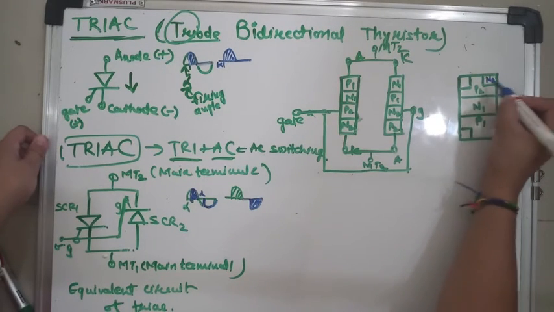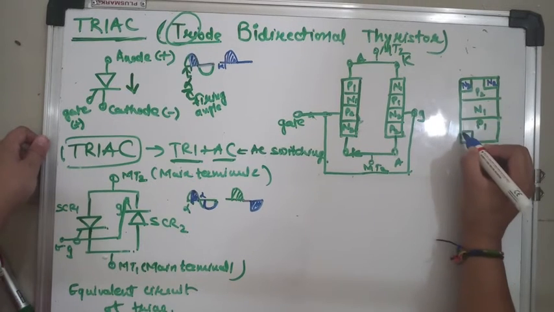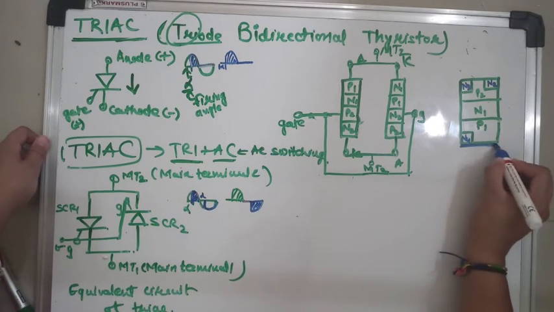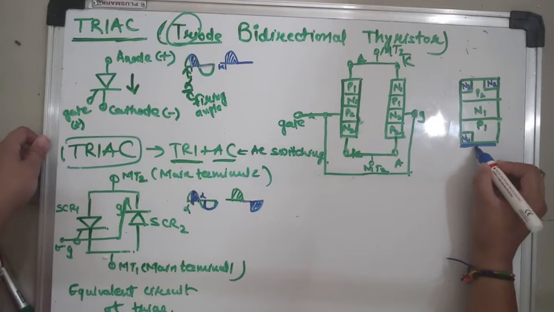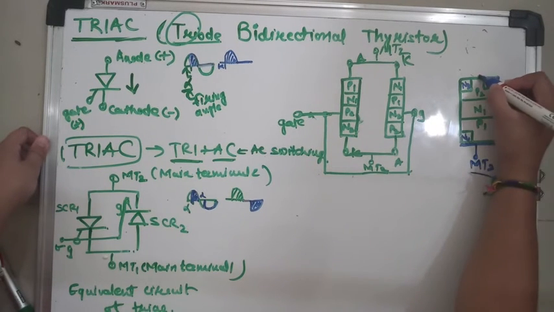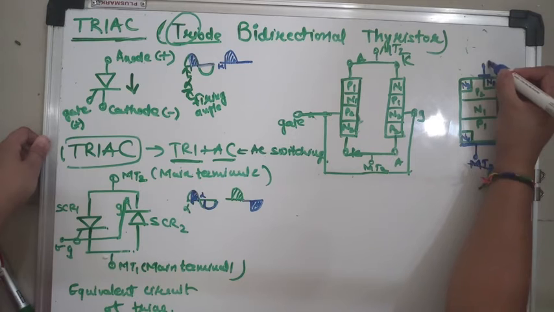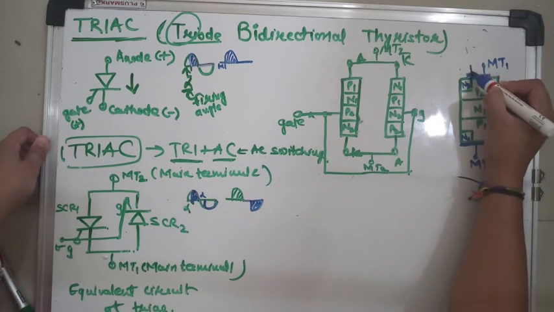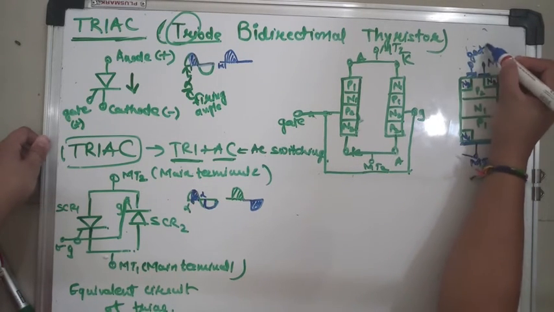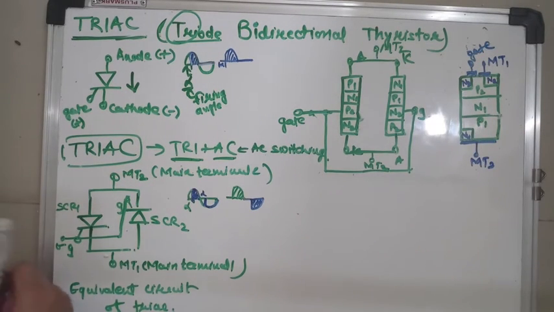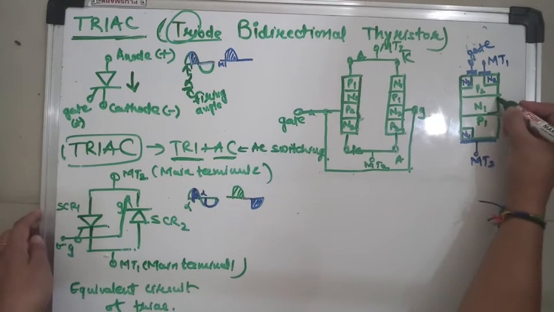Now see here, this is a metallic contact, MT2. Here a metallic contact MT1, and here a metallic contact, which is the gate. That is the structure of the triac.